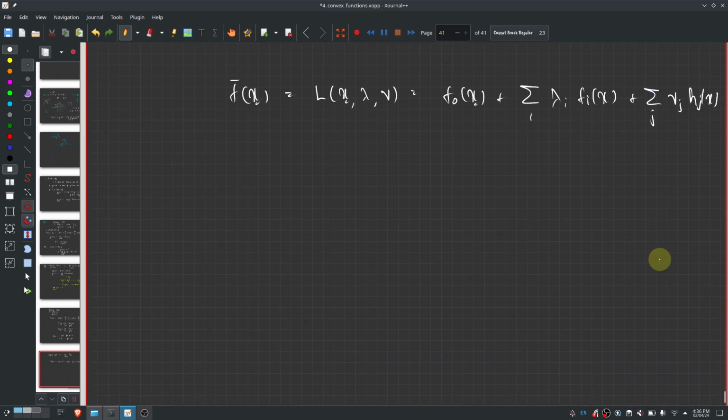So to see more concretely the connection between these two, I'll define the following set.